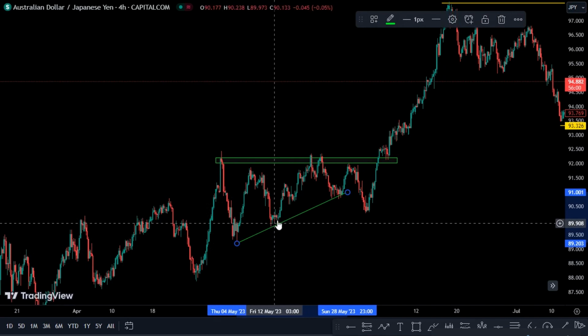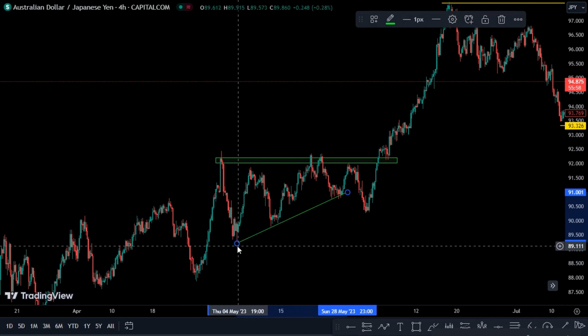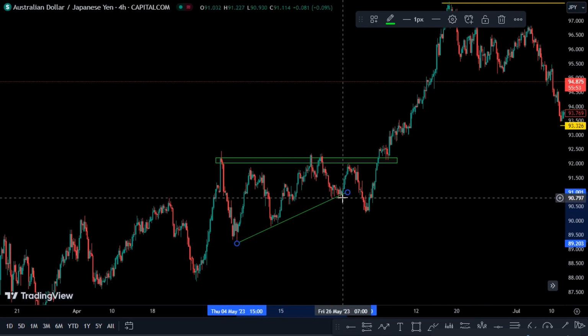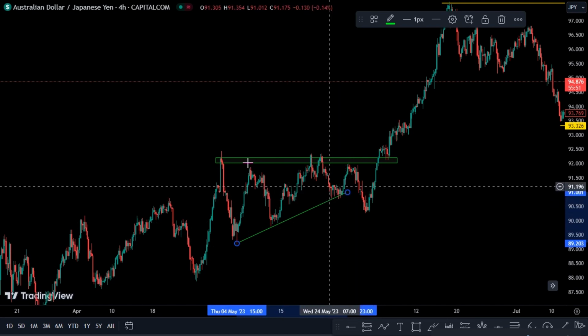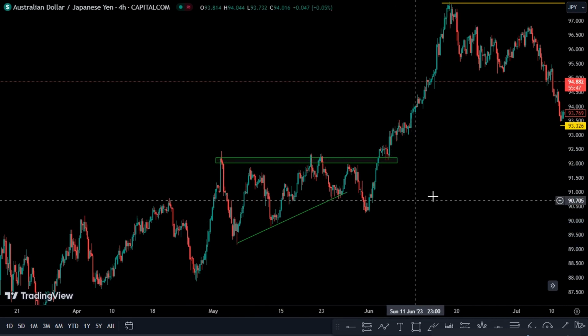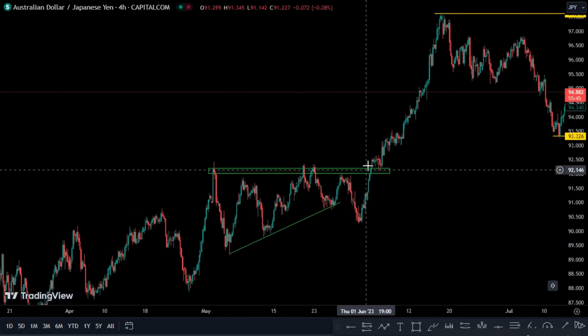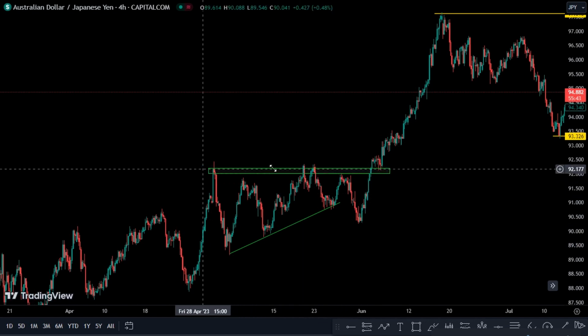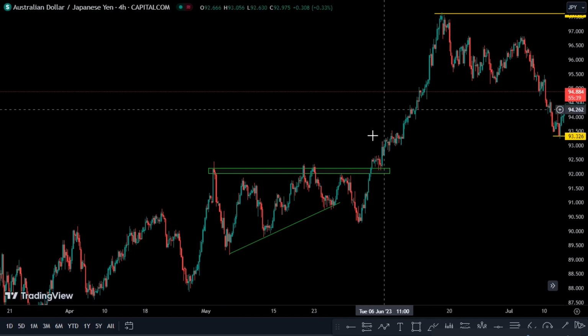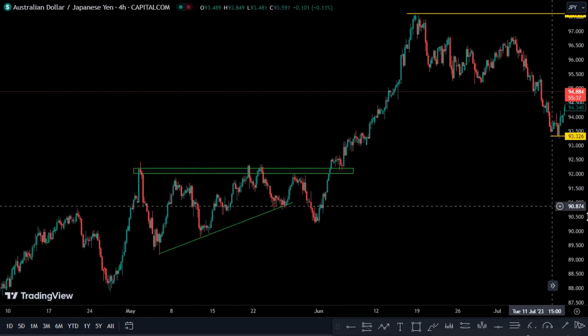After the reaction of the market to this area, you could have drawn this trend line to this area right here. Then you also highlight these highest highs right there. You could have waited for this structure, which is your resistance level, to be broken, then you execute after the structure has been broken.